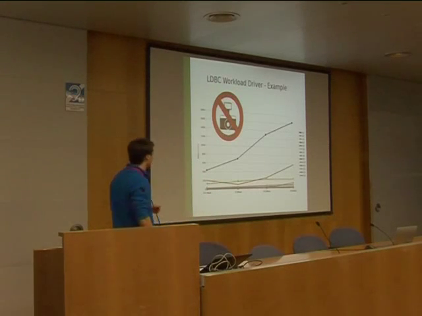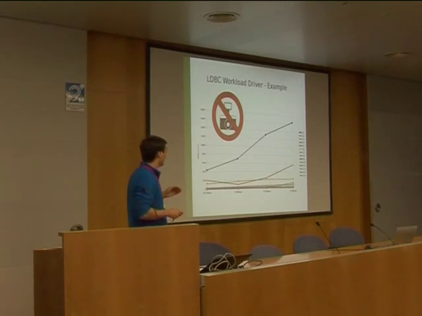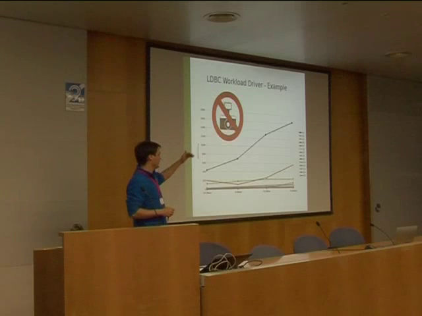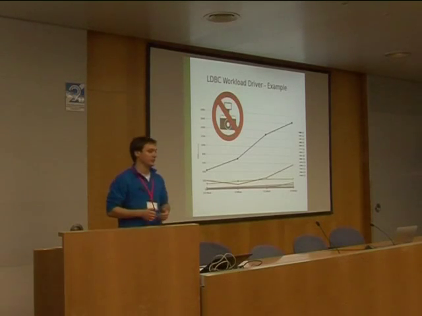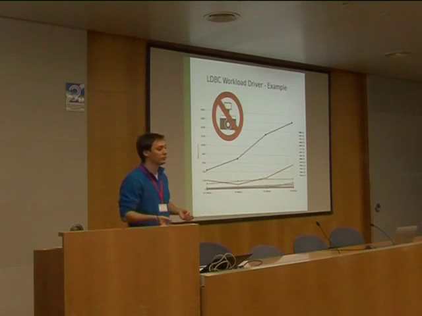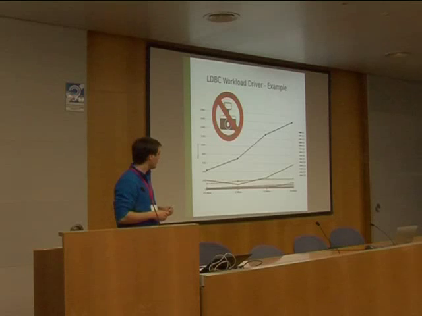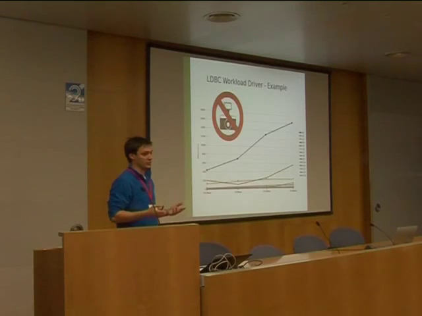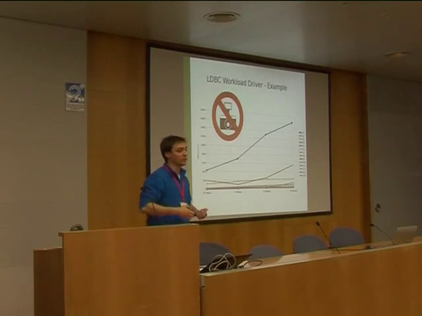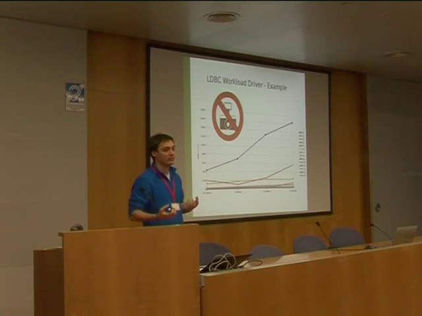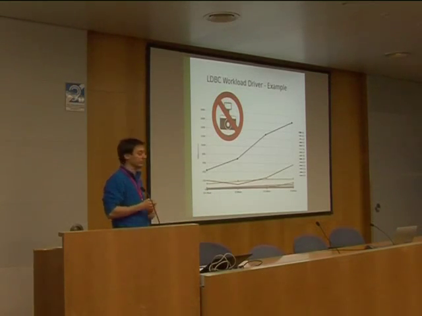As we can see, not all the queries have the same mean time, so there are queries that are much more expensive than others. But also, not all the queries scale in the same way. This is the reason why we do not execute the same amount of each query in a run, because otherwise we could have one query dominating the whole workload, which is something we want to avoid.